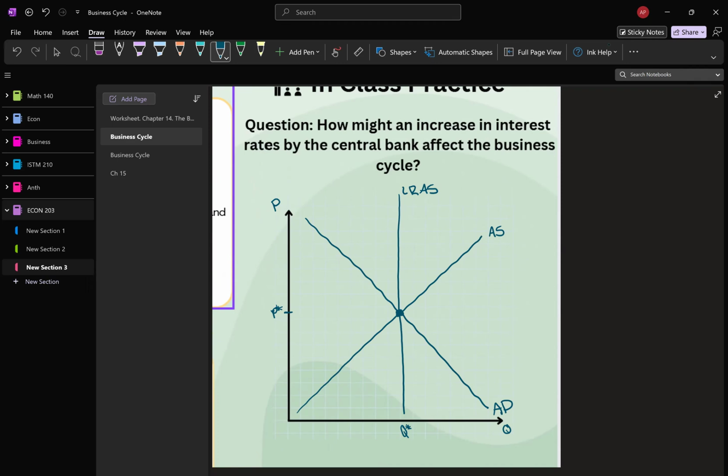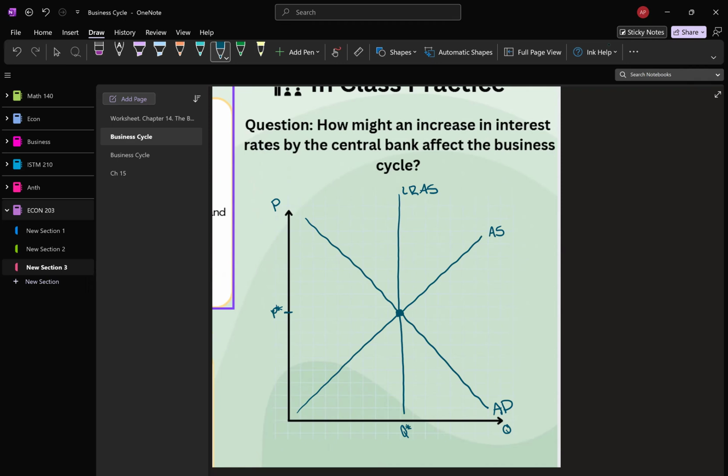So depending on the question, how might an increase in interest rates by the central bank affect the business cycle? Looking at it, what is being affected is consumer spending and business investment. Higher interest rates would make borrowing more expensive for both consumers and businesses. So this would lead to a decrease in consumer spending and business investment.